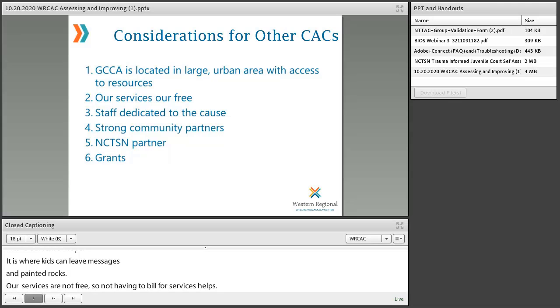So we also have a lot of strong community partners. Depending on where you are, you may be the only partner that you have in the community. So think about who's around you and who you can team up with to not operate in silos and to do this work with. And then obviously being an NCTSN partner has given us access to a lot of great consultation and resources that we may not normally have.